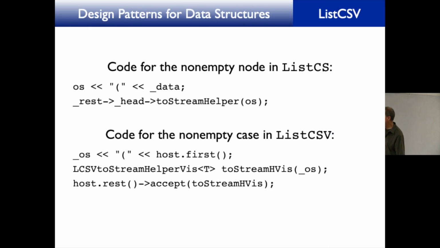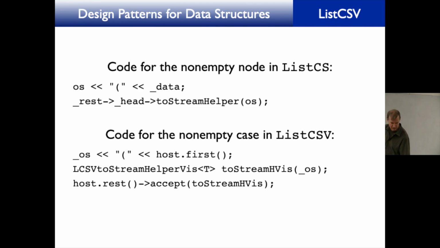So here's a comparison. We have code for the non-empty node in list CS. Before, what we did was rest._head arrow toStream helper, right? But then the code for the non-empty case in list CSV is instead of streaming data, we stream host.first, and then instead of calling the helper, we set up our own local one and we accept.